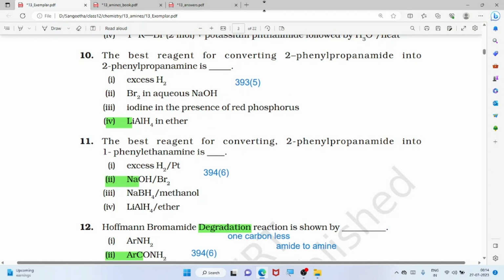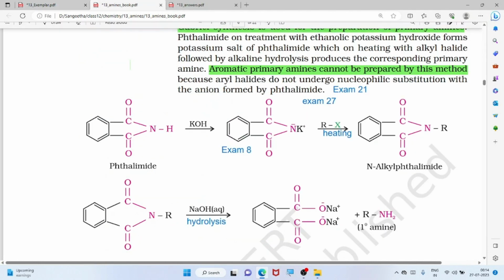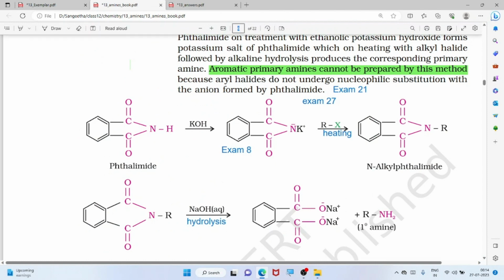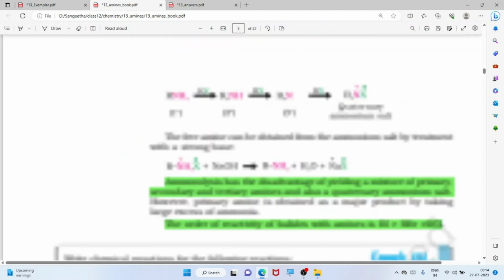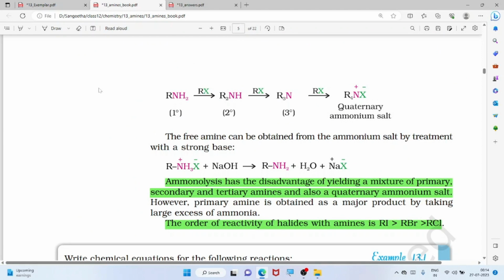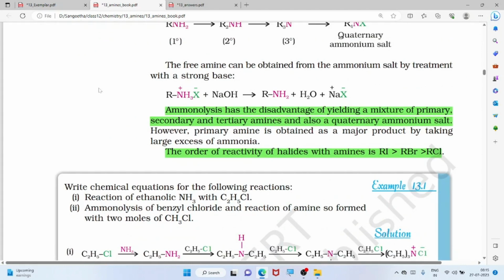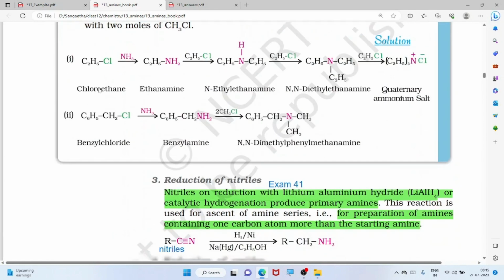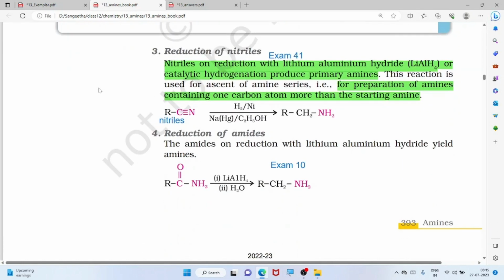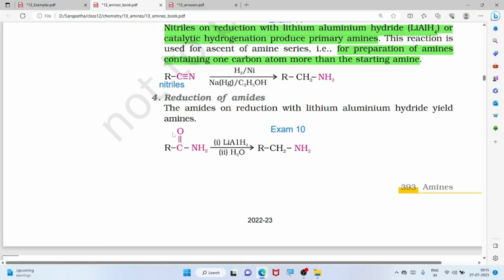Then this one, 5. Okay, here we are converting amide to amine. This is the amide group and this is the amine, in the presence of lithium aluminum hydride.